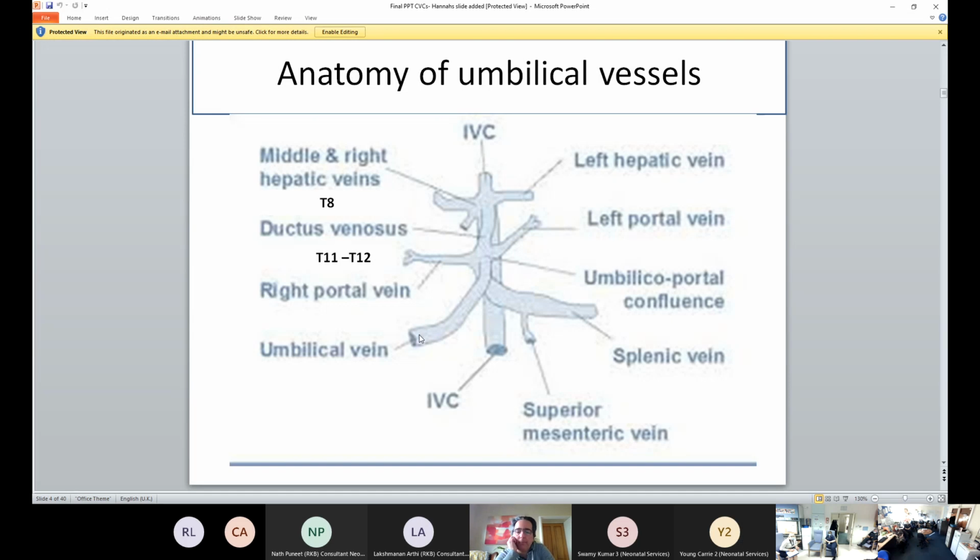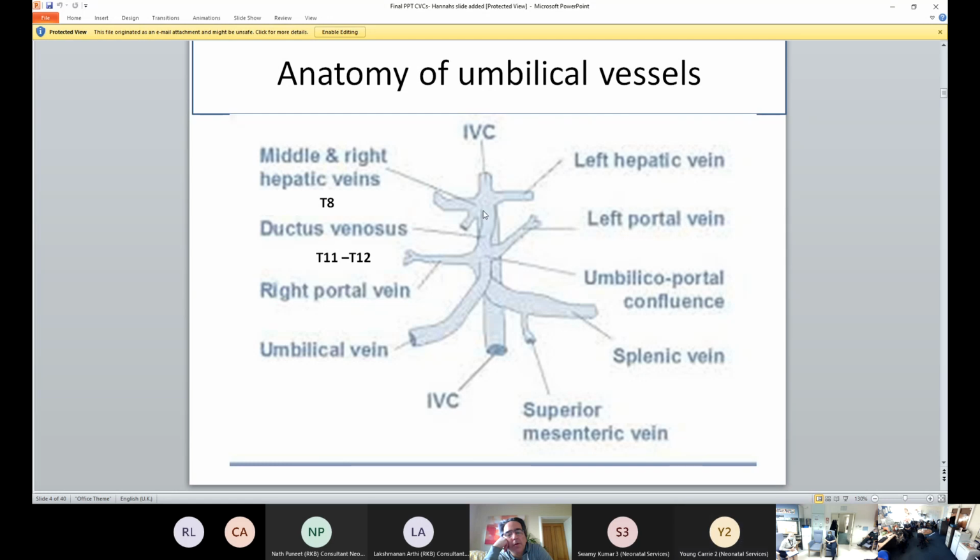So from the umbilicus, it goes anteriorly and upward. And then the first roundabout is the portal veins. So this is the left portal vein, and this is the right portal vein, and this is the main portal vein. So we take the second exit, straight to the ductus venosus.